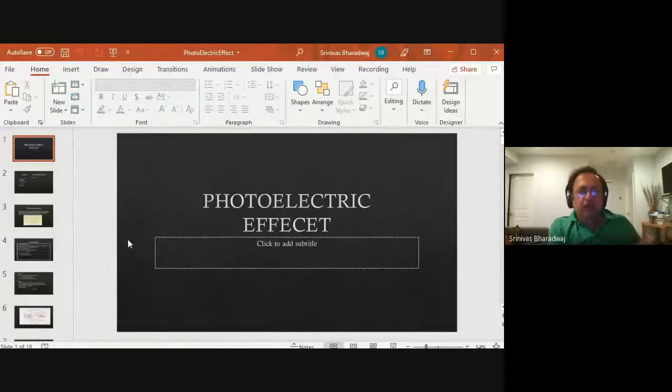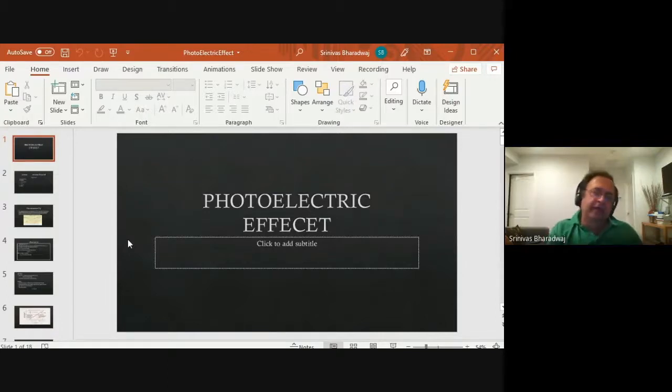Okay, now with respect to the class 12 material, we will be next looking at the next set of ideas which deal with the photoelectric effect. The photoelectric effect will then provide a segue into what happened after.